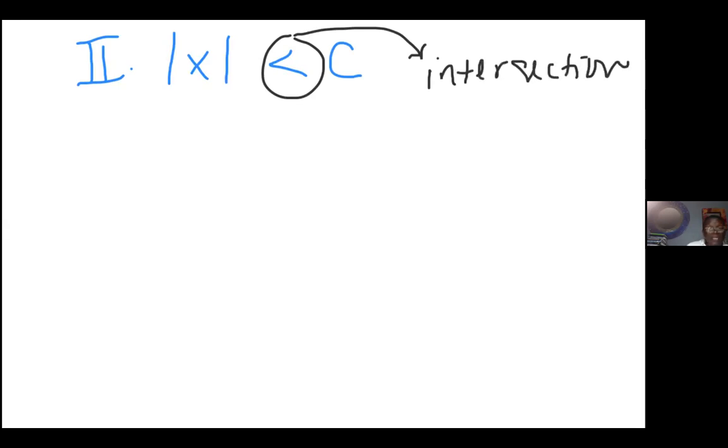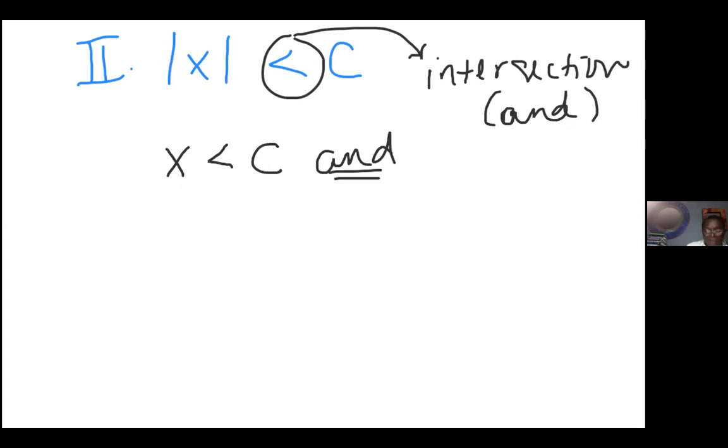When we talk about the intersection of two sets, we're looking at the word and. So guys, when you break it up, it's going to reflect every value less than c, and there's the operative word again, and every value greater than negative c.